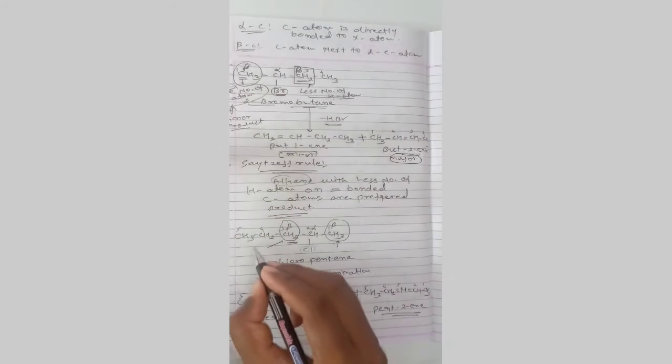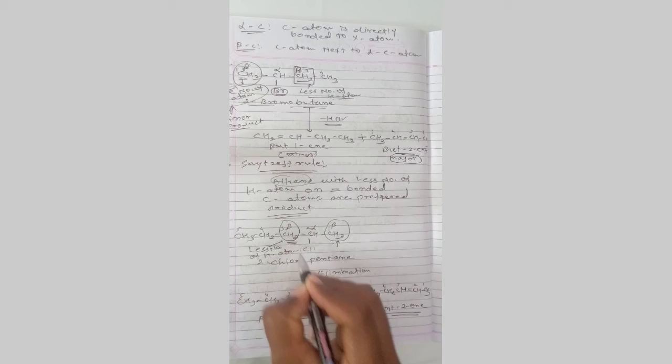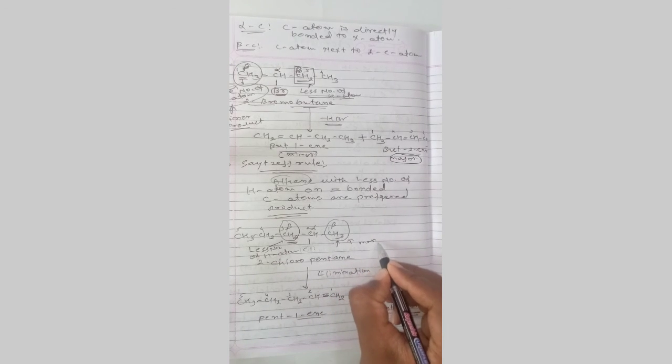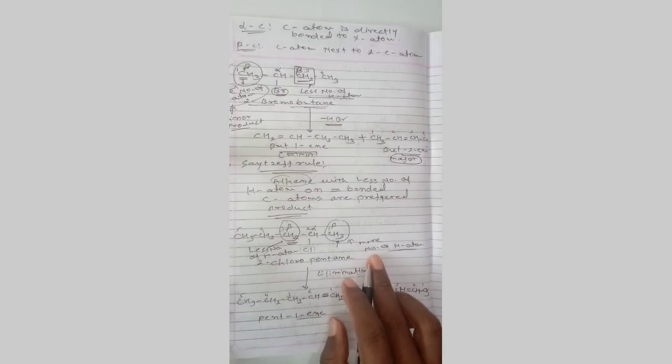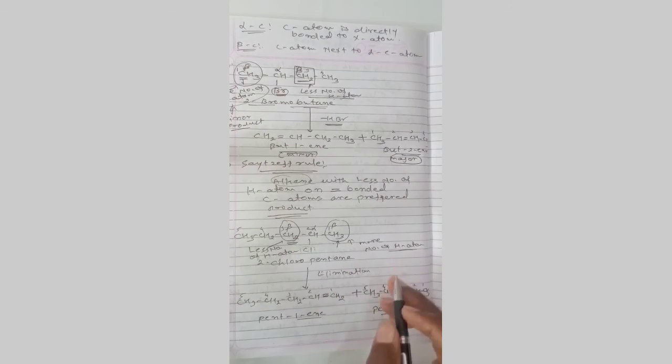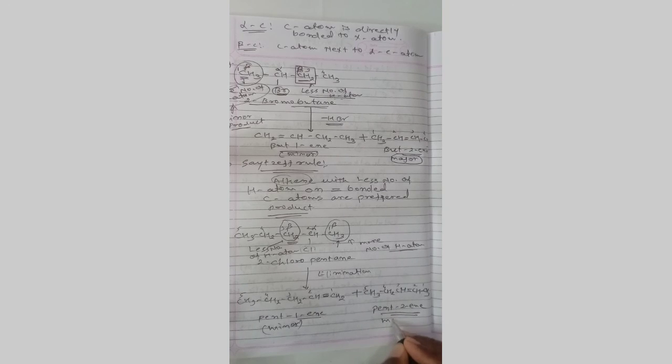This carbon has fewer hydrogen atoms, the other has more hydrogen atoms, and that means it is the minor product. So here in this case pent-1-ene will be the minor product and pent-2-ene will be the major product.